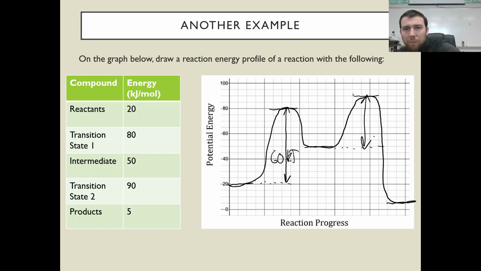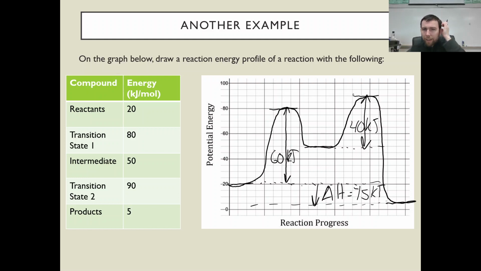That's going to be approximately 40 kilojoules per mole. And then if we wanted to look at this for delta H, energy is being released, and it looks like delta H has a value of 15, or it would be negative 15 kilojoules per mole. Right?